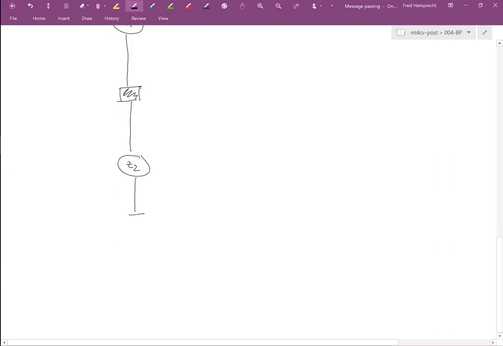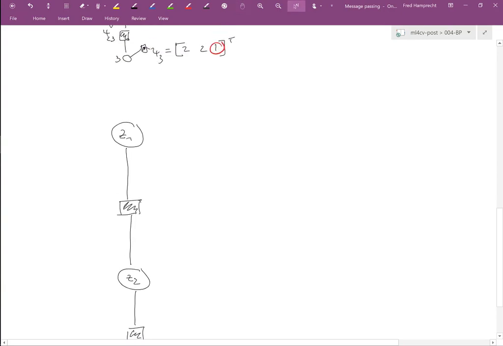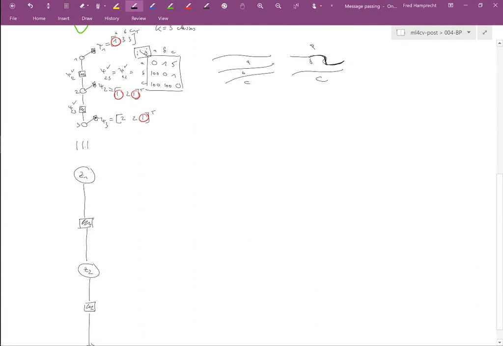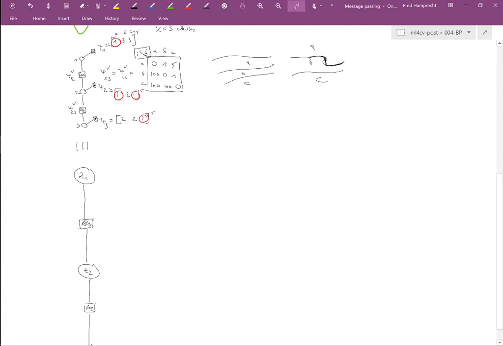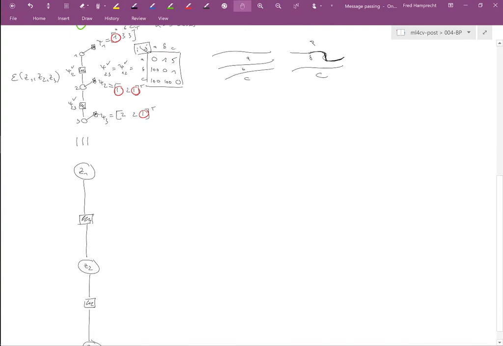Z2. And Z3. So my question is, the model on top, can we translate this somehow into the model at the bottom without changing anything? I have some energy function here, some energy function defined over Z1, Z2, and Z3, and I want this energy function to be the same in the bottom model.